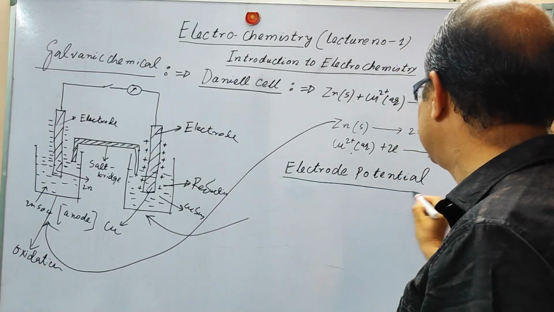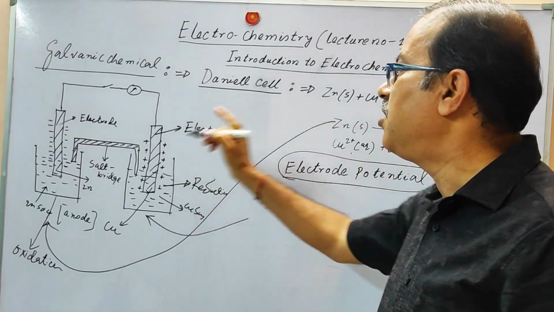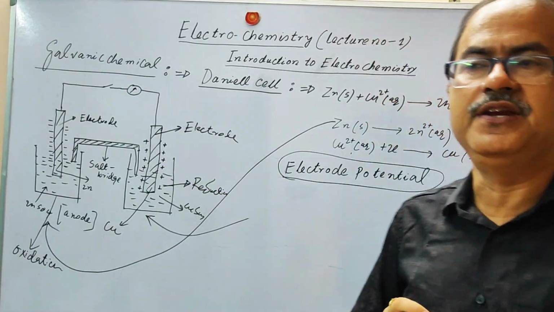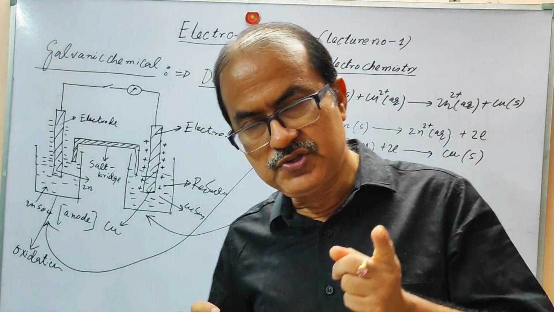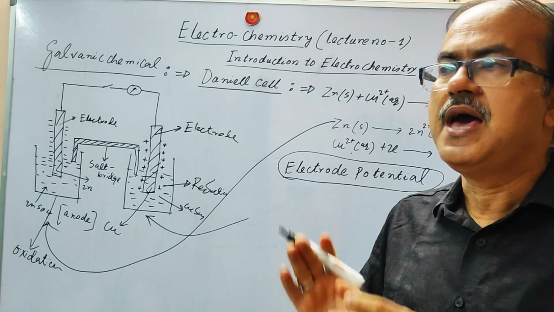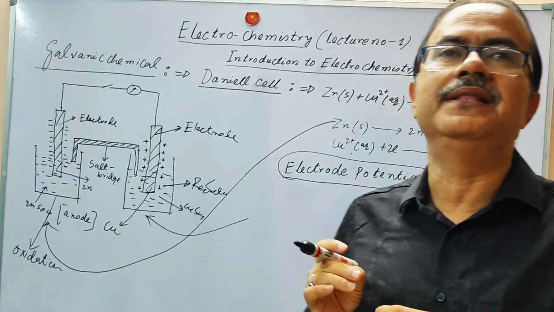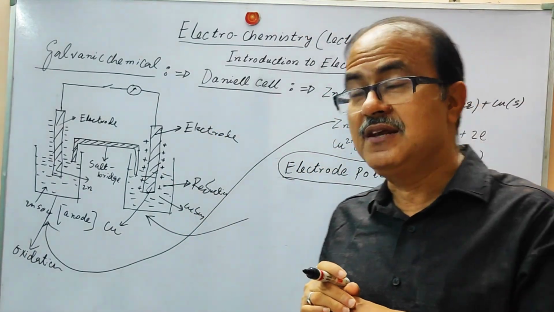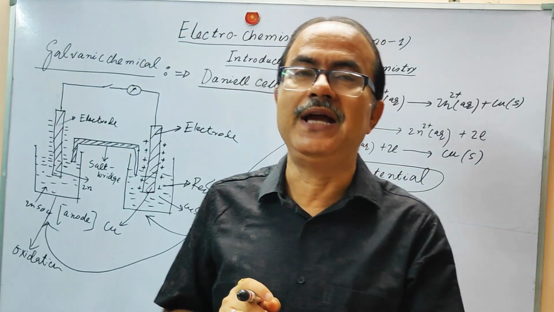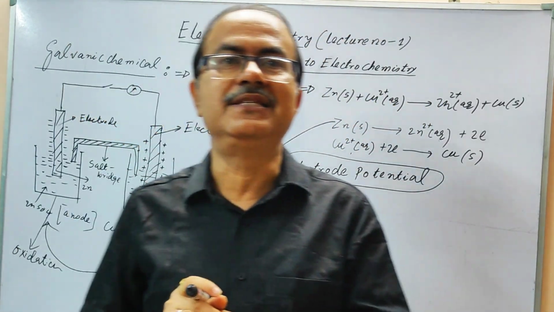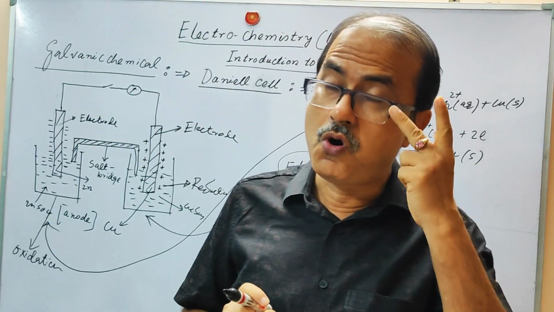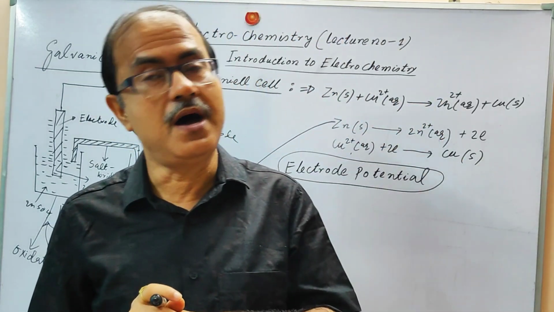This is called the electrode potential, which occurs here due to the different tendencies of the metal ions in the electrolyte solutions and the metal atoms in the electrode. So at the interface of the electrode and the electrolyte, we observe that a charge is developed. Different types of charge develop, depending on the tendencies of the ions.